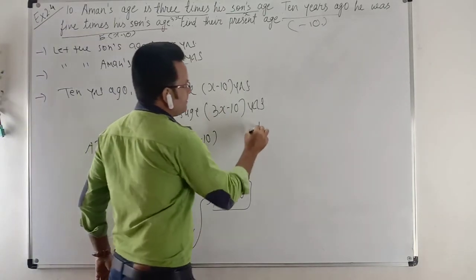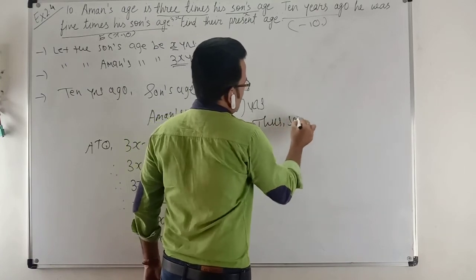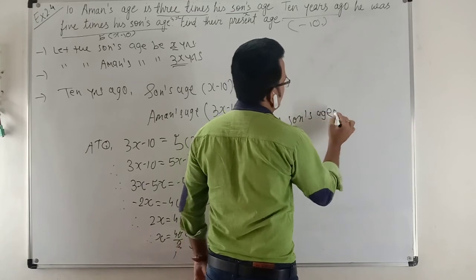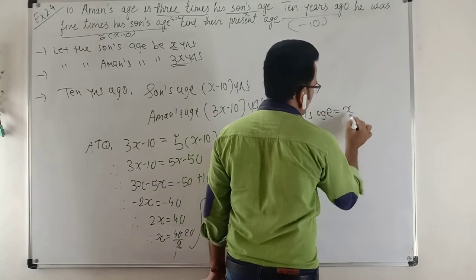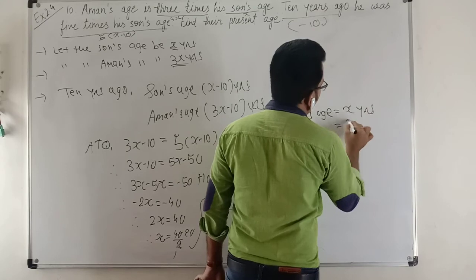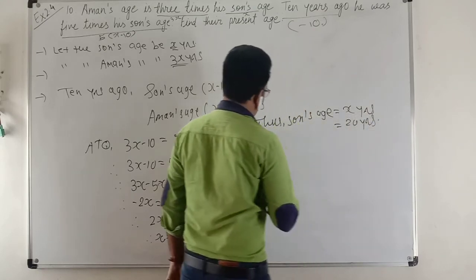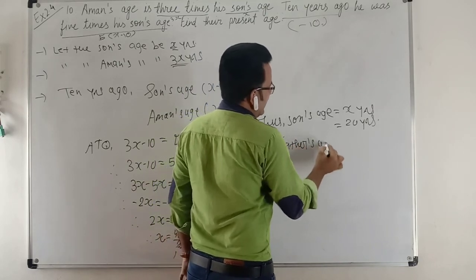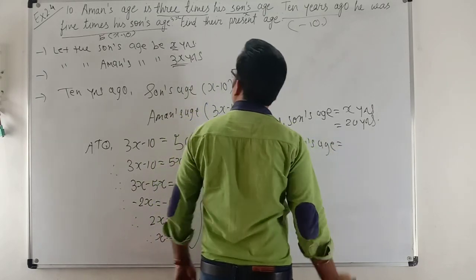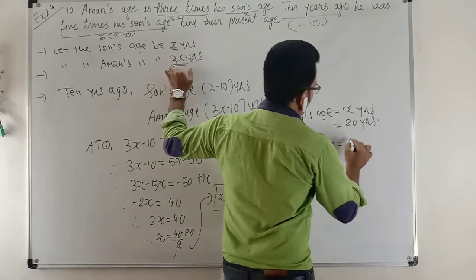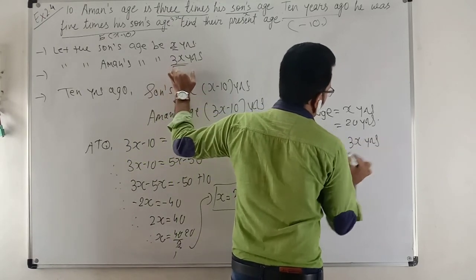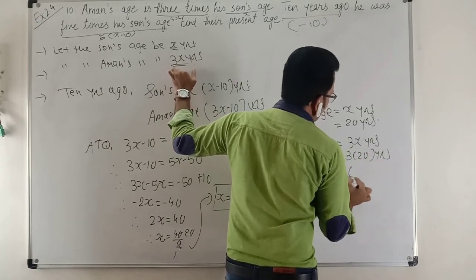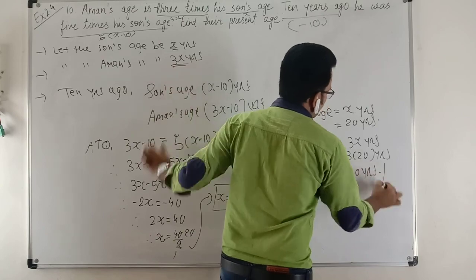Thus, son's age is equal to x years is equal to 20 years, and Aman or father's age is equal to, what you supposed here, 3x years is equal to 3 into 20 is equal to 60 years.